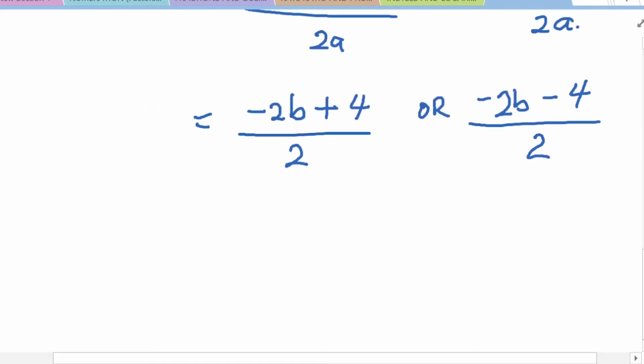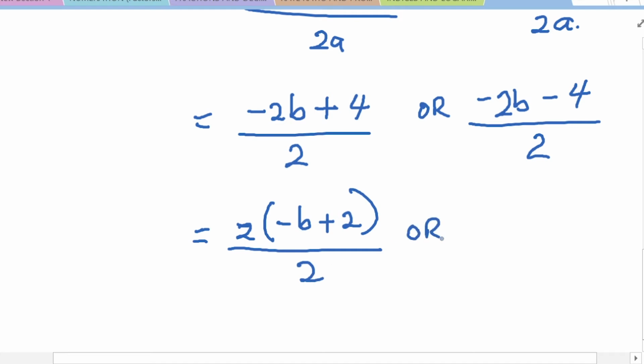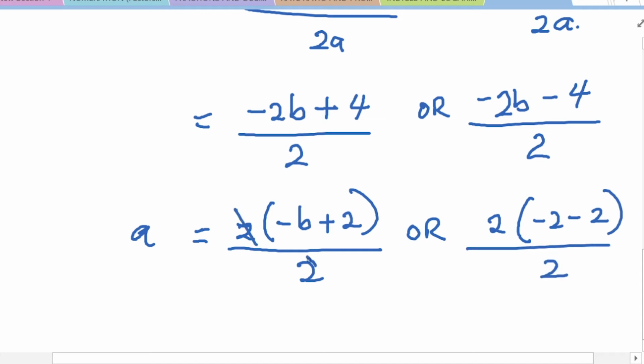So from here, okay, let's factorize again. So this becomes, you put 2 outside the brackets into negative b plus 2, divide that by 2, or here we have 2 outside the bracket into negative b minus 2, divide that by 2, so that this 2 and that 2 cancel, that 2 and that 2 cancel.